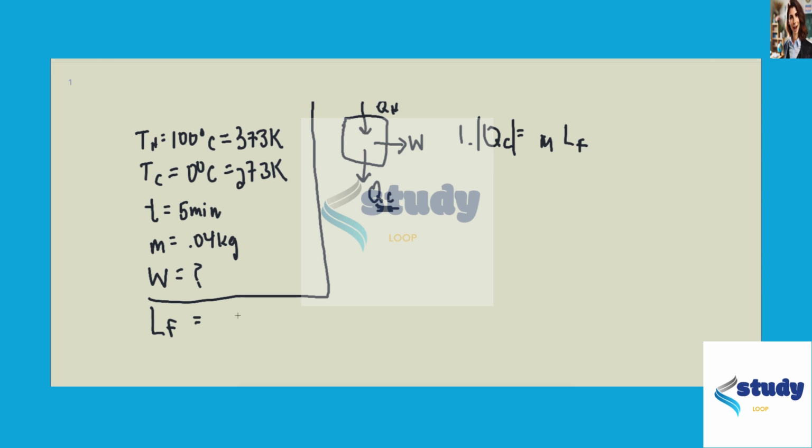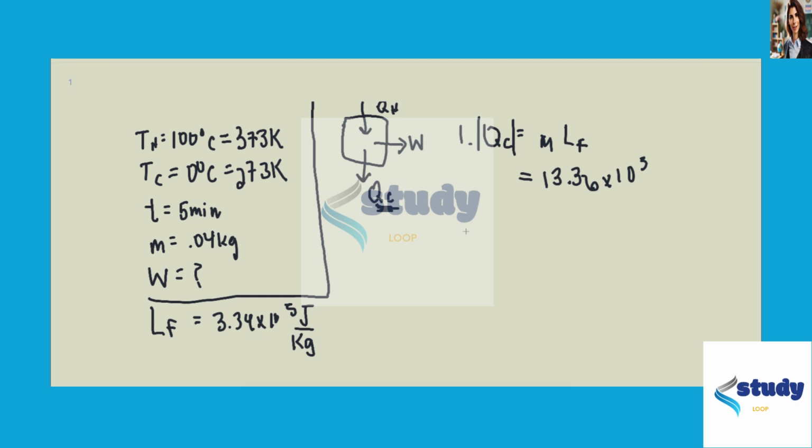That's 3.34 times 10 to the 5 joules per kilogram, something you need to look up: the latent heat of fusion of melting ice. So if you take m, which is 0.04, and multiply it by LF, which is 3.34 times 10 to the 5, you get QC, and that's 13.36 times 10 cubed.